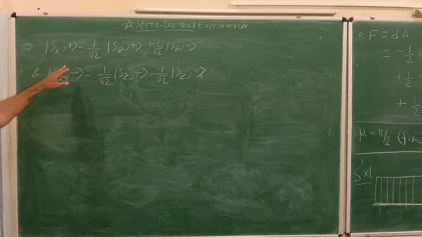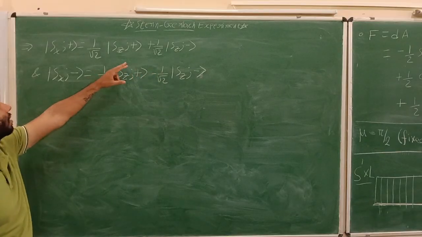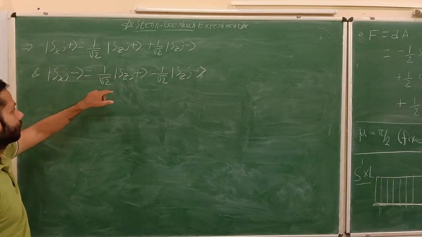So the Sx plus state can be written as a linear combination of spin z eigenstates plus and minus, with the minus sign.